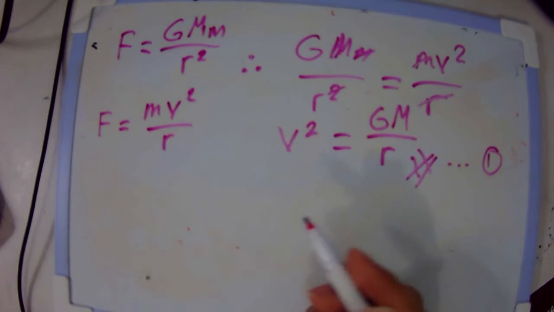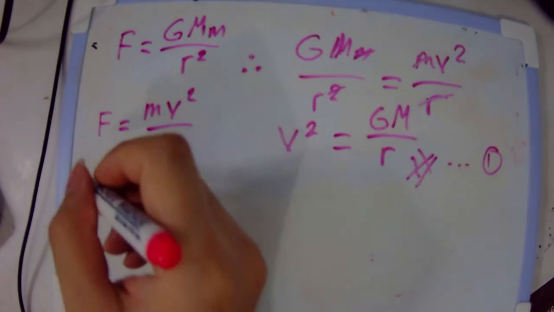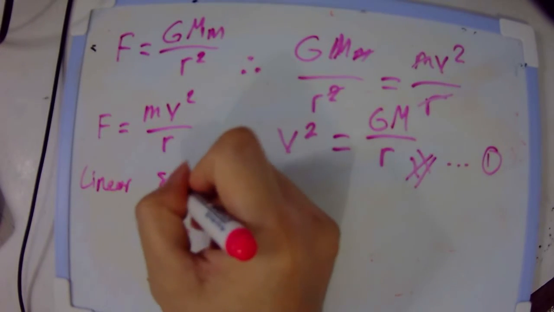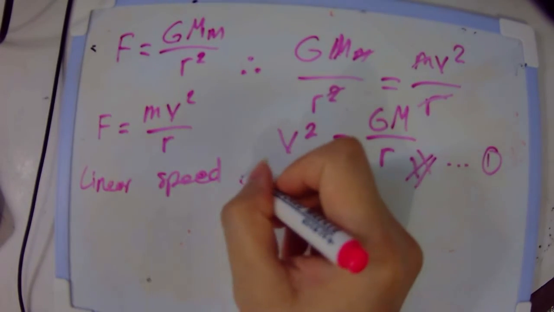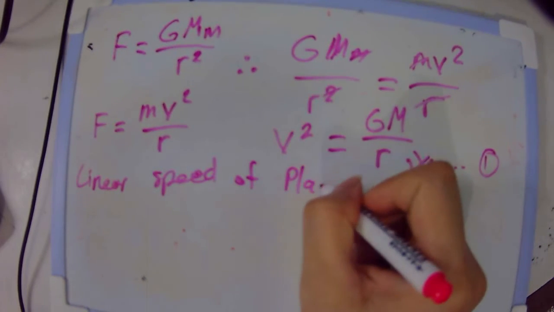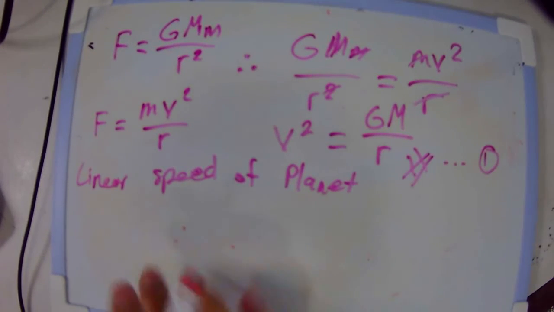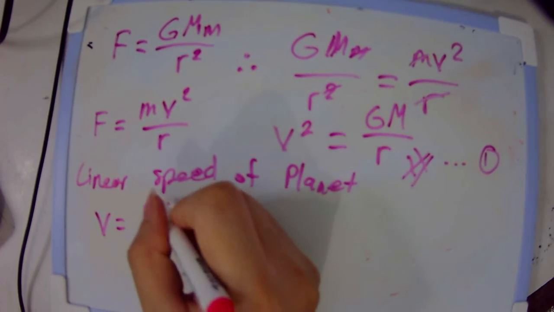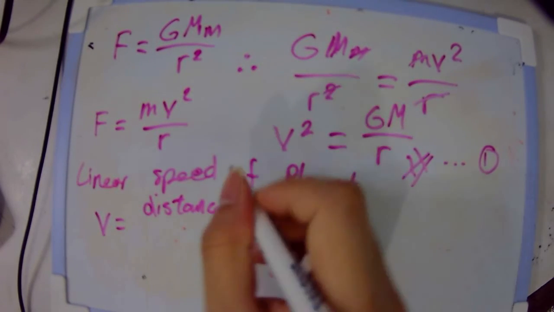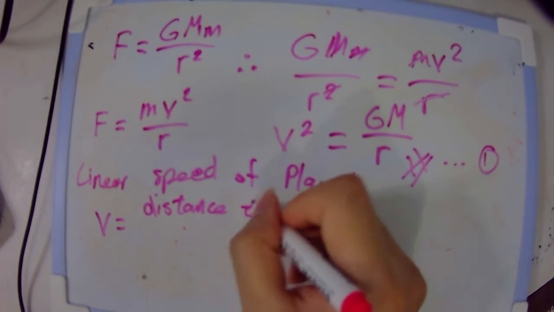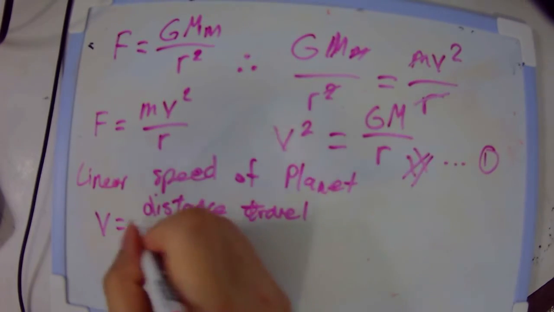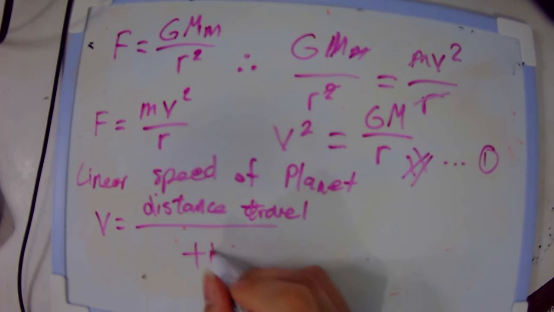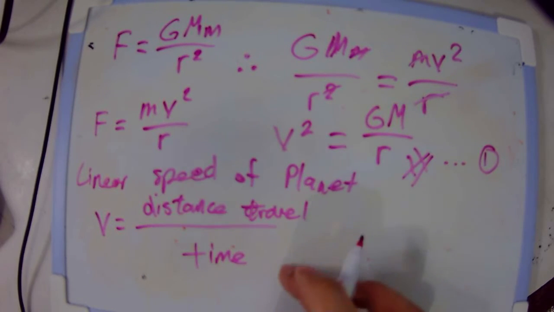So how do we know the speed of the planet? Linear speed of the planet, V, equals distance traveled over time. That's velocity, we know that already. This is just the formula for velocity.